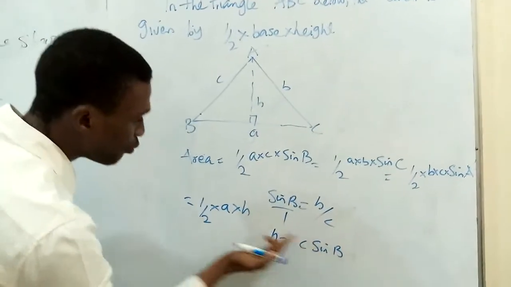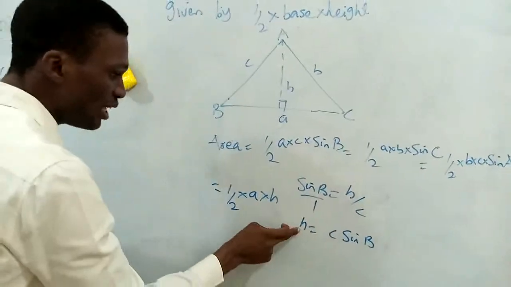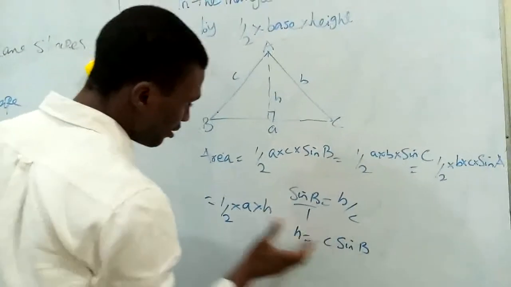So we make the substitution. In place of H, we put C sin B in our formula.